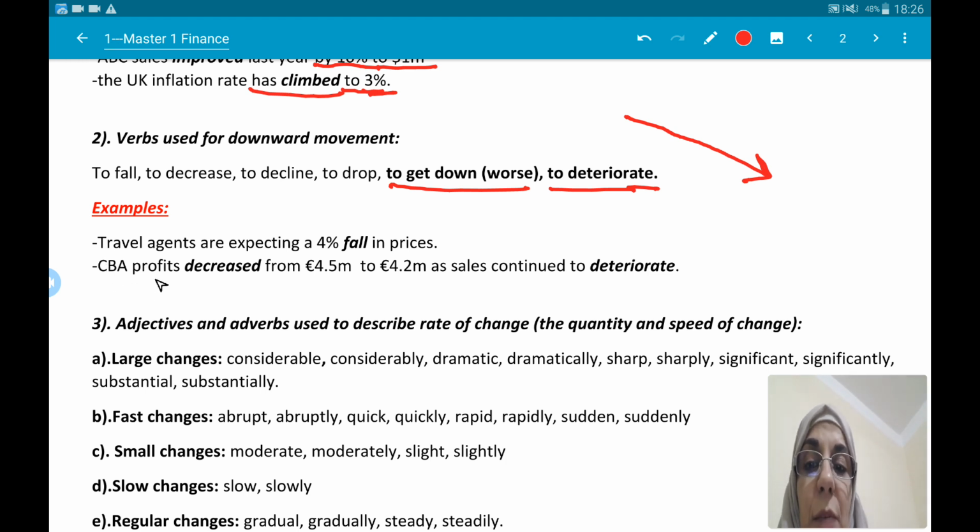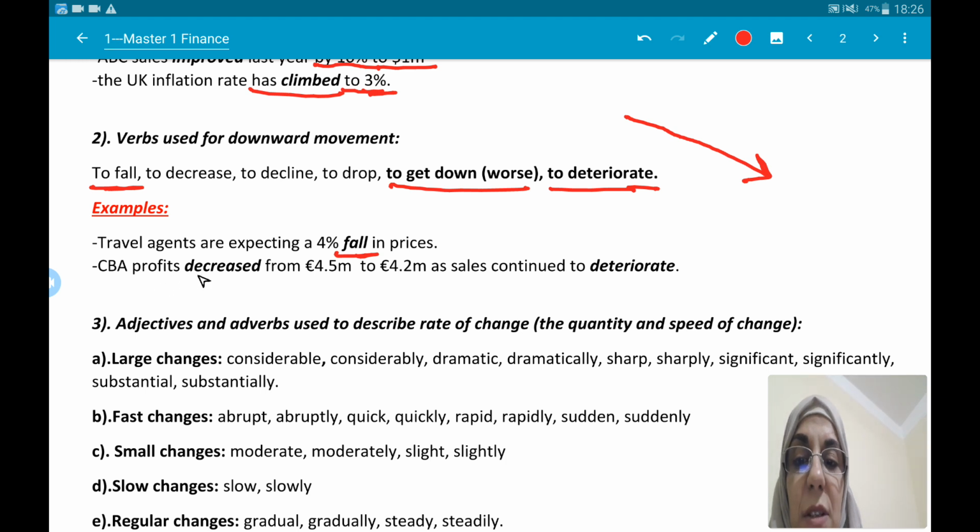So here are the examples. Travel agents are expecting a 4% fall in prices. But notice that here we do not have a verb, but rather a noun. It's a noun derived from the verb to fall. We say to fall, but the noun is a fall. Travel agents are expecting a 4% fall in prices.